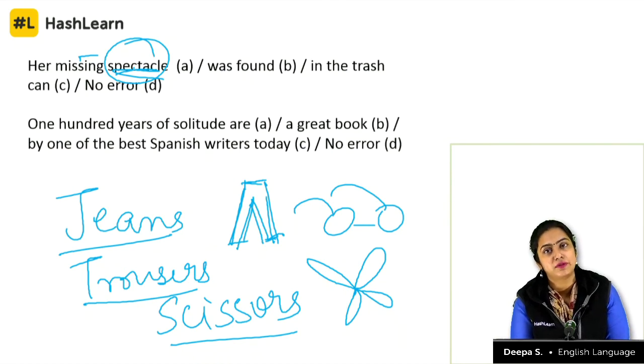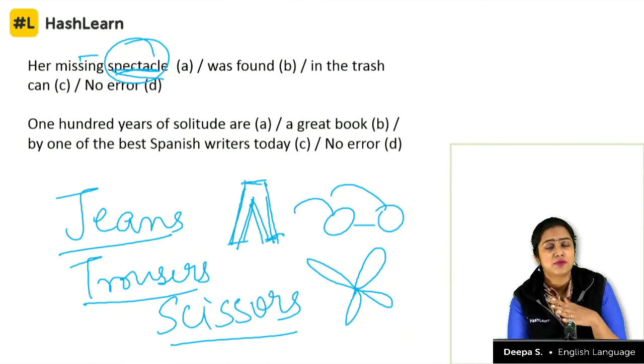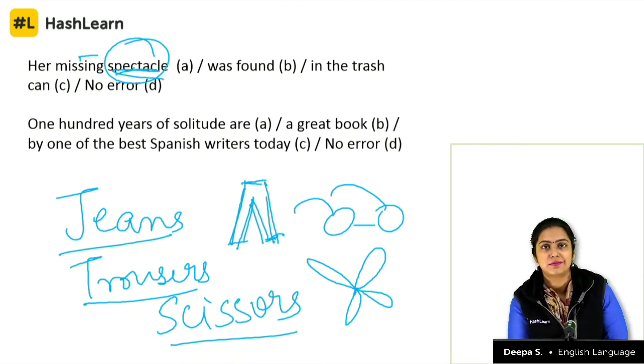Even though Satanic Verses is plural, you don't say Satanic Verses are among Rushdie's best work. You say Satanic Verses is one of Salman Rushdie's best ever books. Okay, so remember that these can be plural proper nouns, but if it's a single entity, then you treat it as a singular noun.